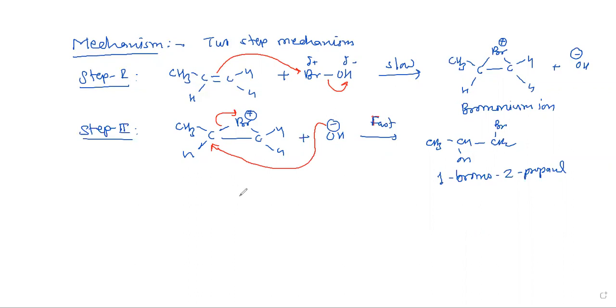This addition of hypohalous acids takes place according to Markovnikov's rule. Markovnikov's rule is followed during this addition reaction also. That is, the negative part of the reagent is attached to the carbon atom which has fewer hydrogen atoms, that is, the more substituted carbon atom. So this is about the mechanism of this reaction.